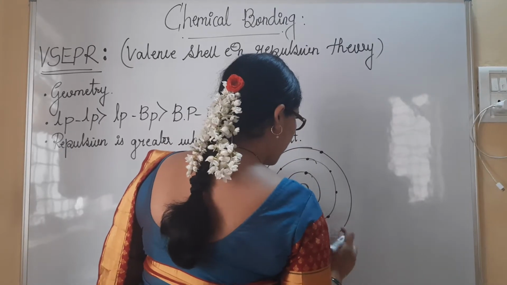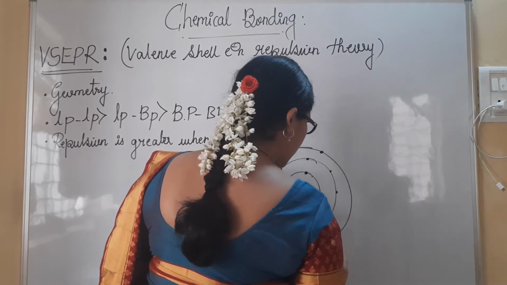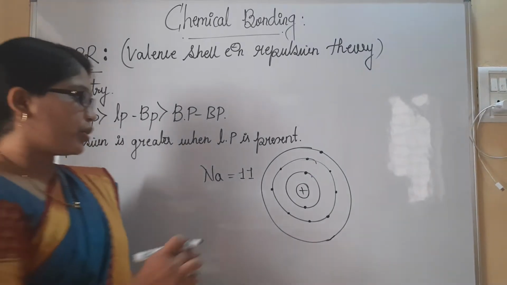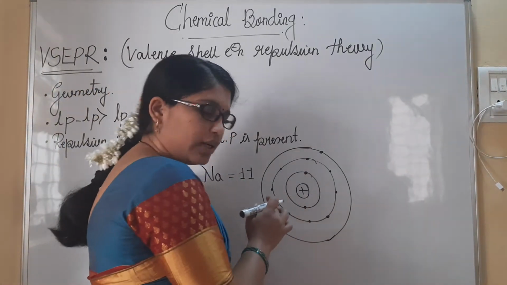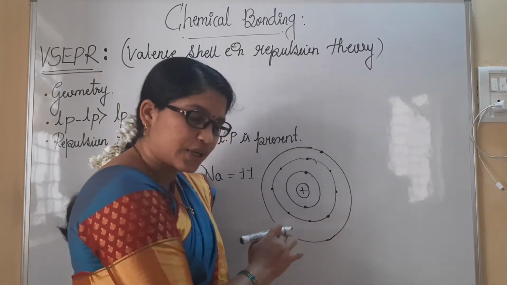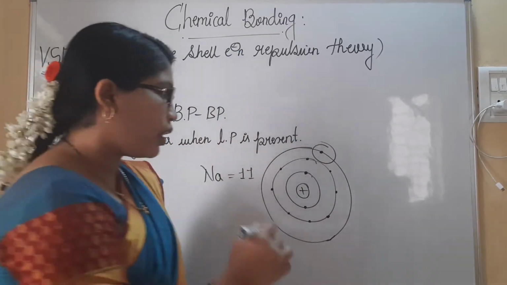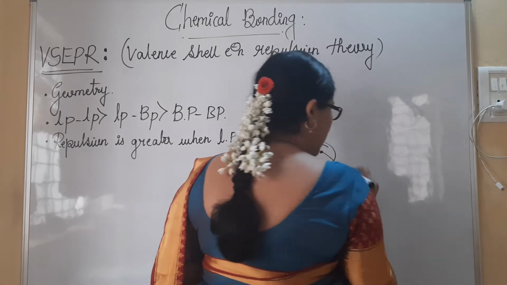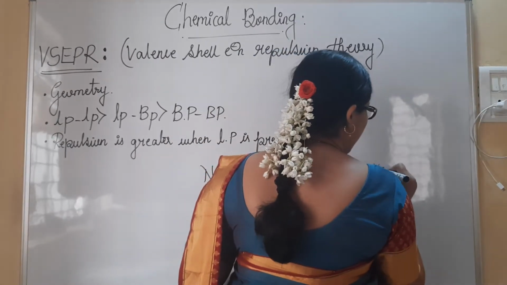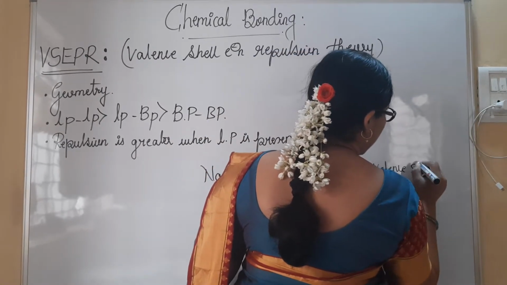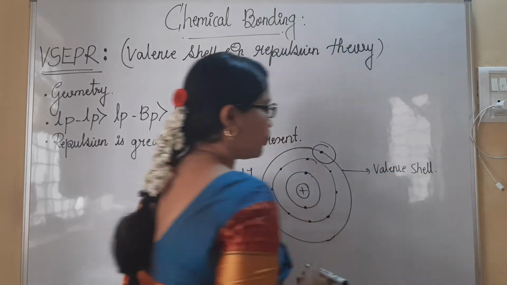I'm sorry, it is only 1 electron because the atomic number is 11. So 2 electrons in the inner shell, 8 electrons in the second shell, and the last electron will be left in the last shell. Now this last shell which we have obtained here is said to be the valence shell. What do we call it? We call it the valence shell.